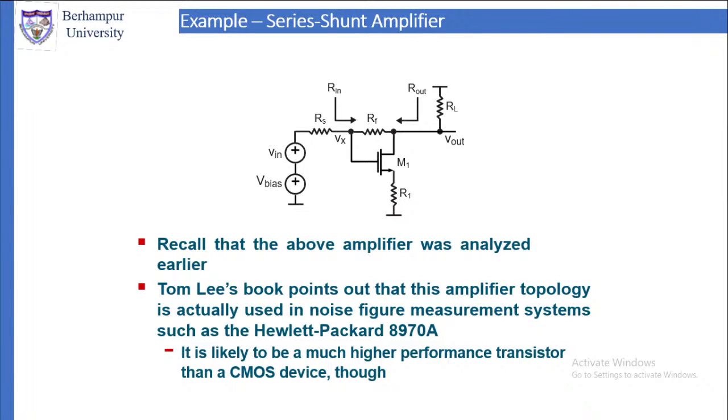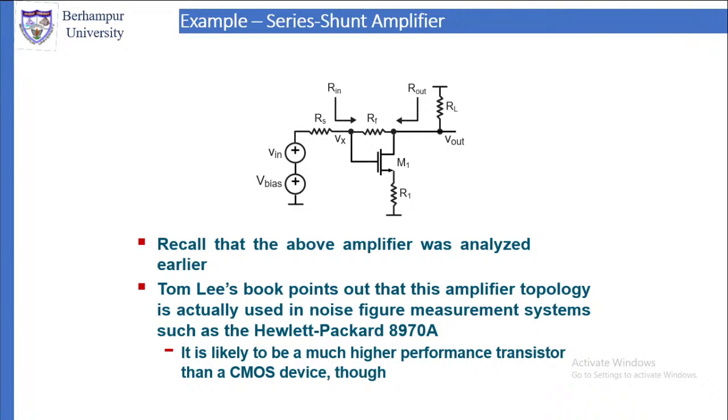Now, consider an example, a series shunt amplifier example. We have examined this circuit earlier. For this circuit, you can find out RIN and ROUT, the input resistance and output resistance. Just find the equivalent circuit and find out the input resistance and output resistance of the circuit.